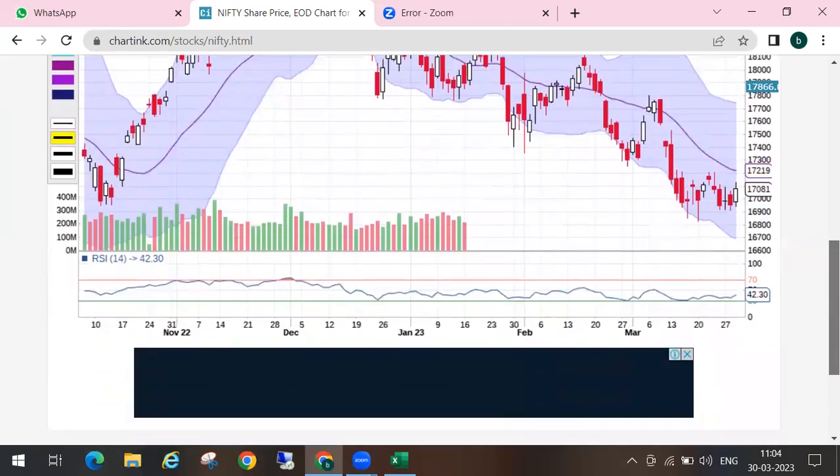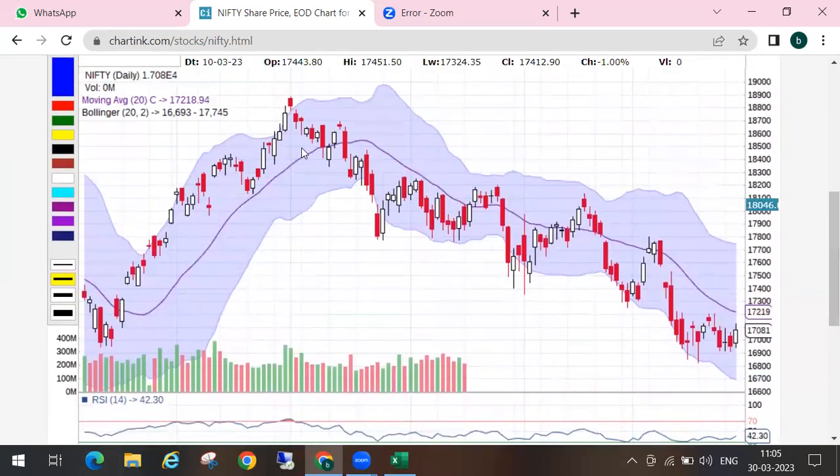And this lower band is somewhere between 16,600 and very close to 16,700. See this value where you can see 16,666. So the lower band is around this place, 16,693.